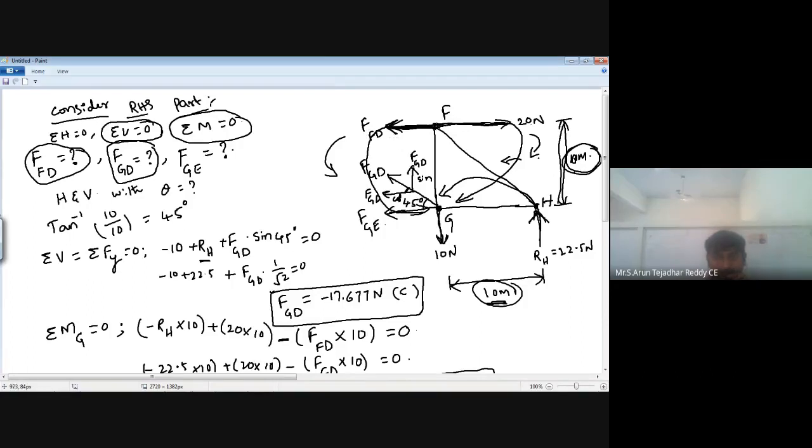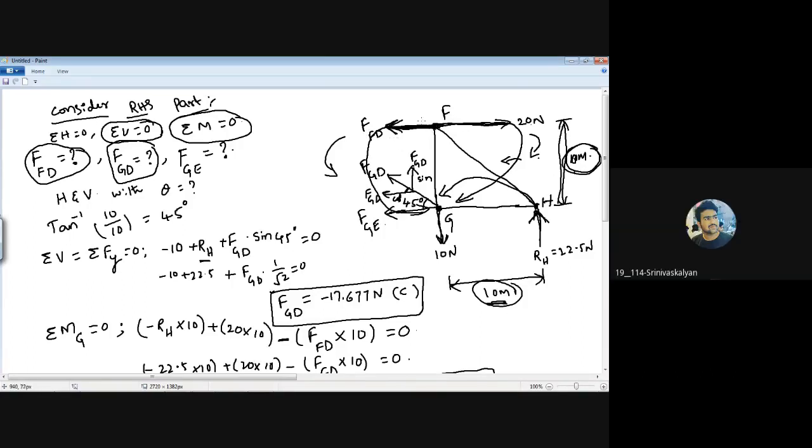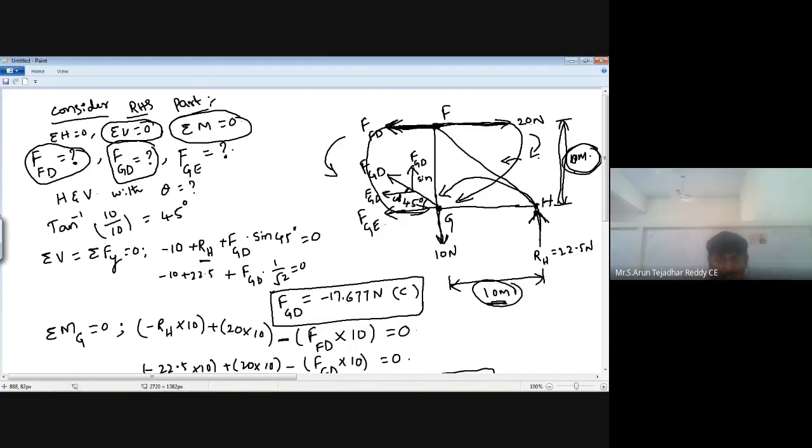Yes. FFD horizontal force, 20 Newton horizontal force, FGE horizontal force, and FGD horizontal force with a certain angle.